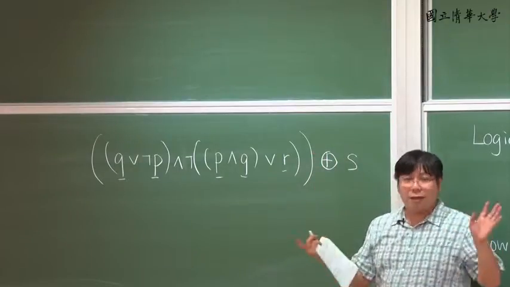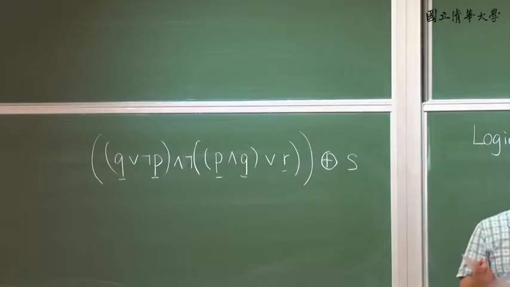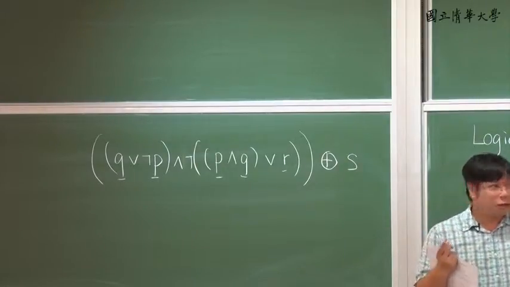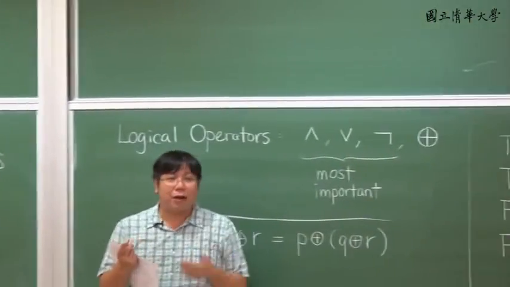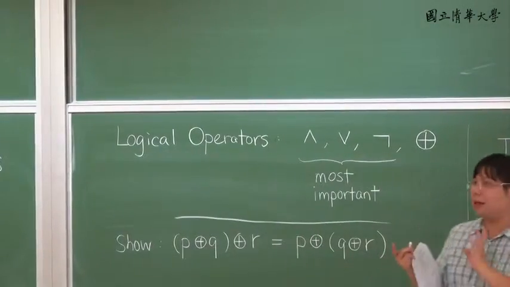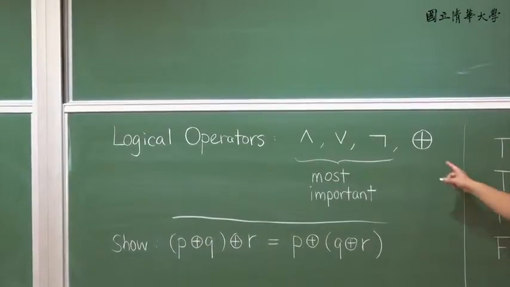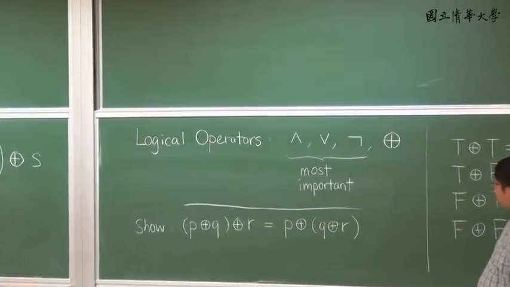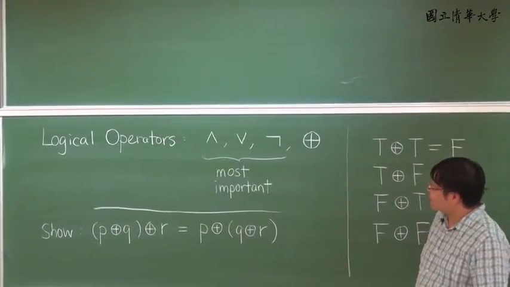We can always just use AND, OR, NOT to represent every possible case. That's why I call them important. Today we will see that we can actually define many different kinds of logical operators. We'll talk about this later.